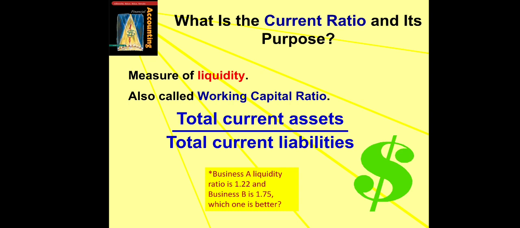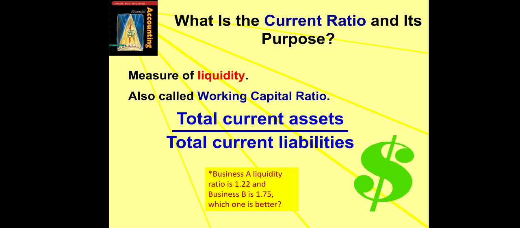So for current ratio, the higher the ratio, the better the business in terms of liquidity. See the small yellow box there. Let's say business A liquidity is 1.22 and business B liquidity is 1.75. Which business is better in terms of liquidity?